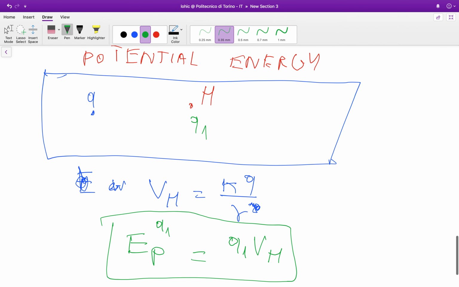So when I put a charge somewhere, the electric potential energy of that charge will be that charge multiplied by the potential at that point.